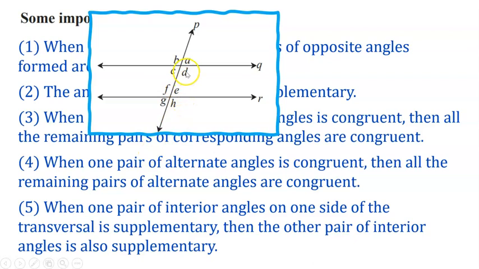Angle E and angle D, these are a pair of interior angles. Angle C and angle F, this is a pair of interior angles. If one pair is supplementary, meaning the sum of the measures of the angles is 180, that is measure of angle E plus measure of angle D is equal to 180, then measure of angle C plus measure of angle F is also 180.